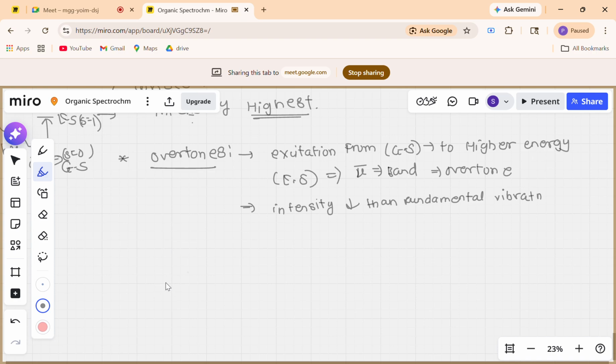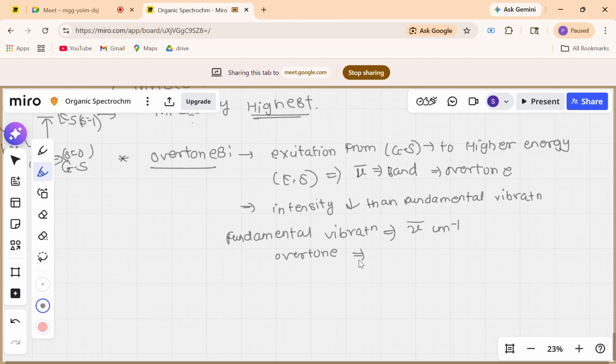This is because of the energy gap. It is easy for a molecule to access the lowest excited state first, where the energy compensation is the least. So the fundamental vibration will always have the higher intensity, and the corresponding overtones will have less intensity.